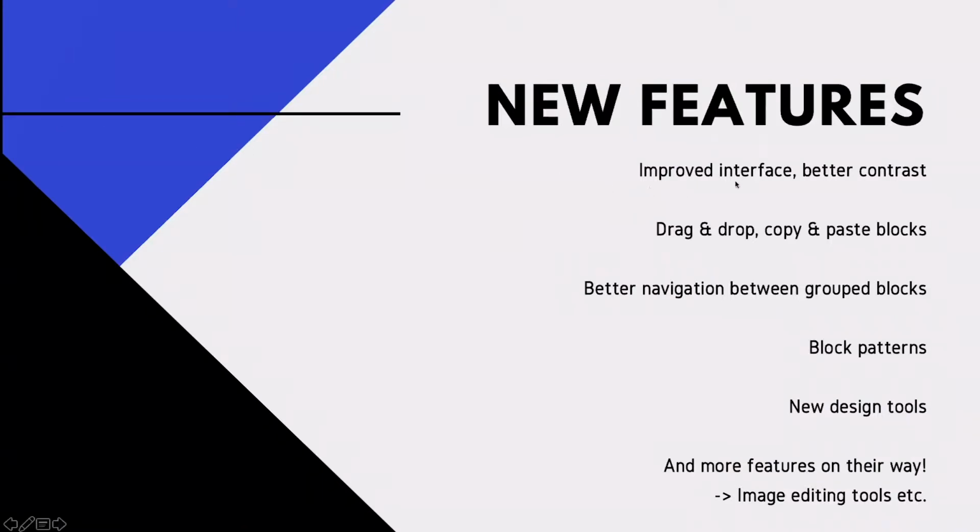So the interface became much better, with better contrast, drag and drop, and copy-paste blocks instead of just having to make blocks and change them. The navigation system was a little bit stiffer in the past versions, but for now it's great. It's easy to use, and it's just around your browser.